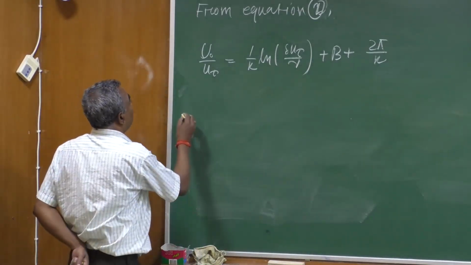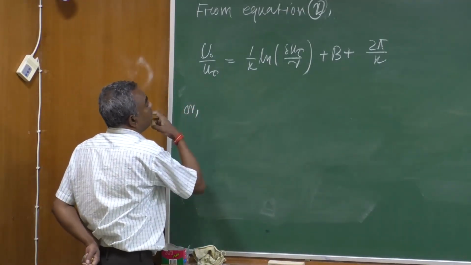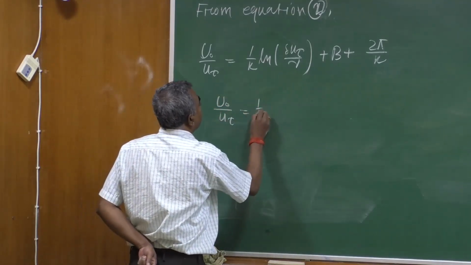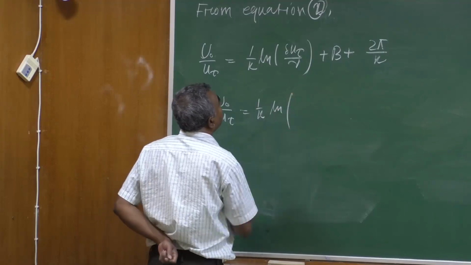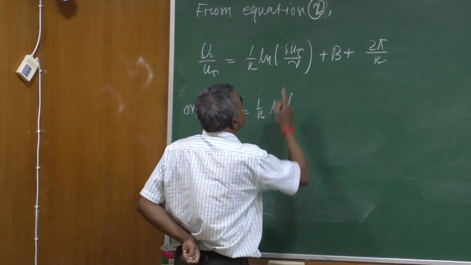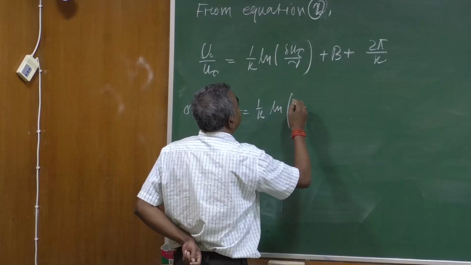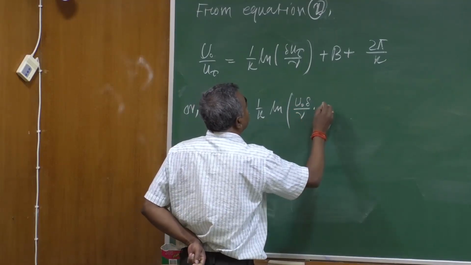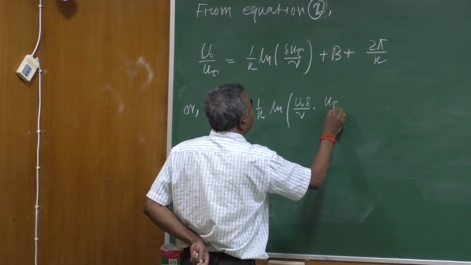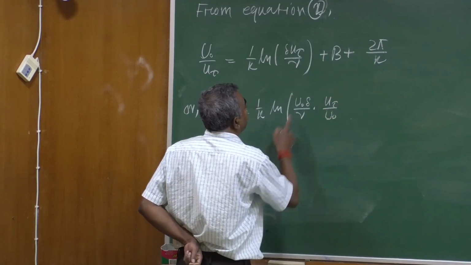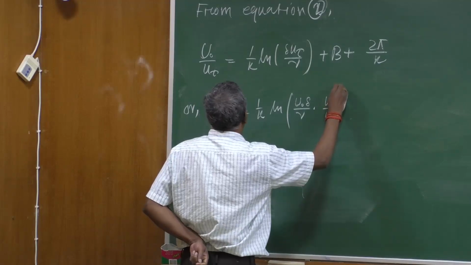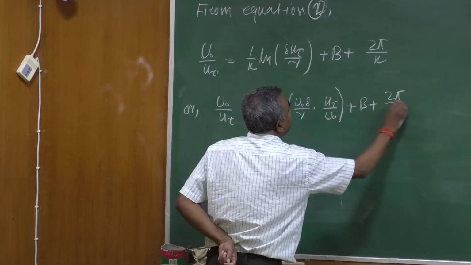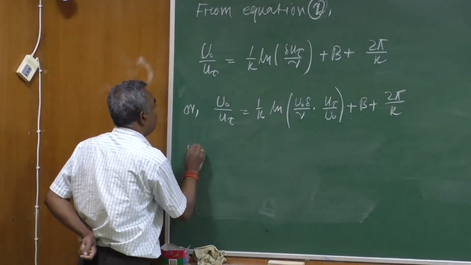Or I can write this equation as u tau 1 by kappa ln, let me use this u naught delta by nu. Then u tau will remain here, u naught will come here. I have just taken one extra u naught, plus b, twice pi by kappa.